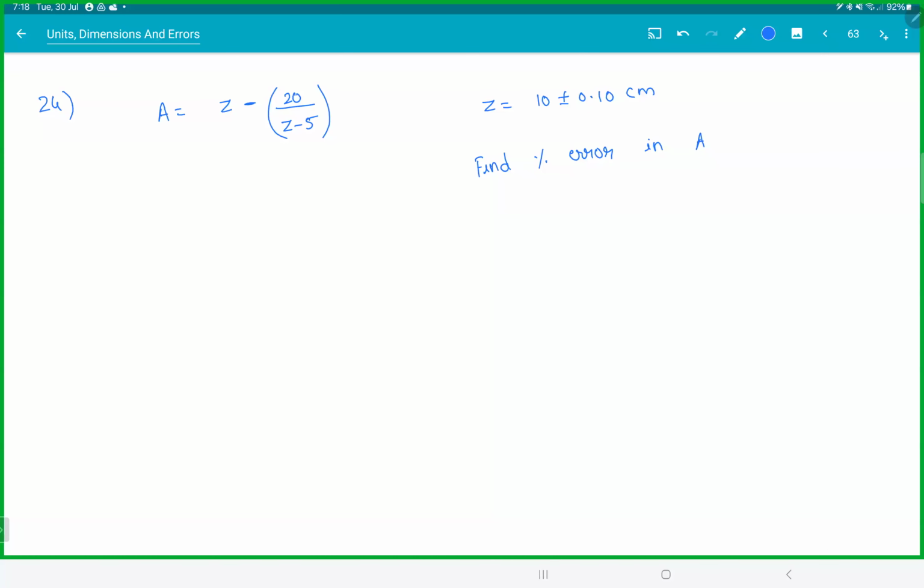Let's see. Again, like I said, if it is not addition subtraction, if it is not power rule, you don't have an option. The third technique is differentiation.